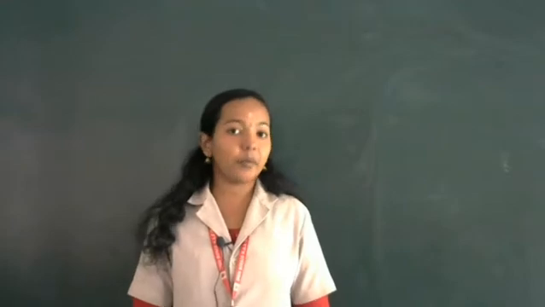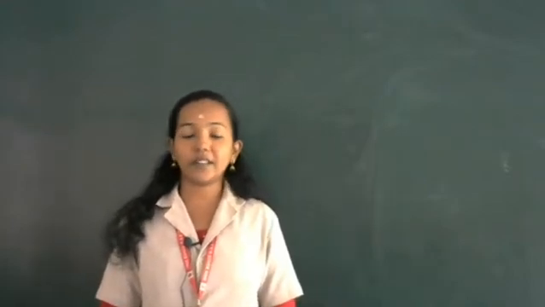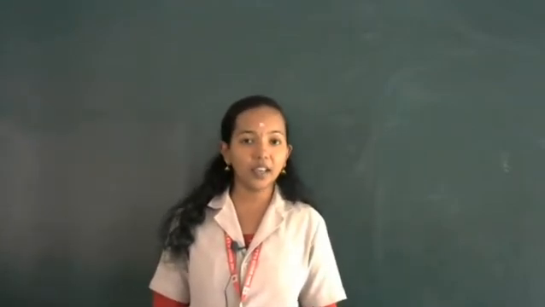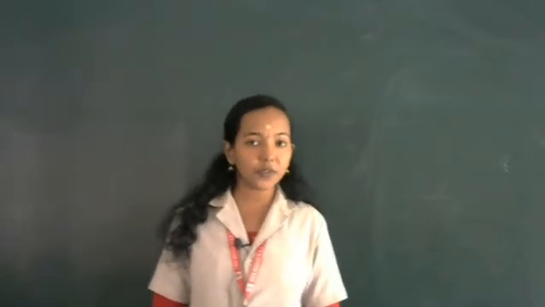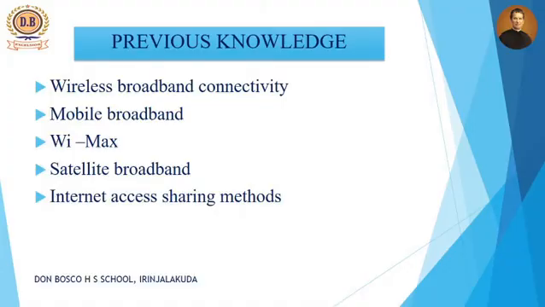We are discussing internet and mobile computing, the various terminologies that we use in internet. In the previous video we discussed how we share internet access and the wireless broadband connectivities. The commonly used wireless broadband connectivities are mobile broadband, cable network, WiMAX, and satellite broadband.